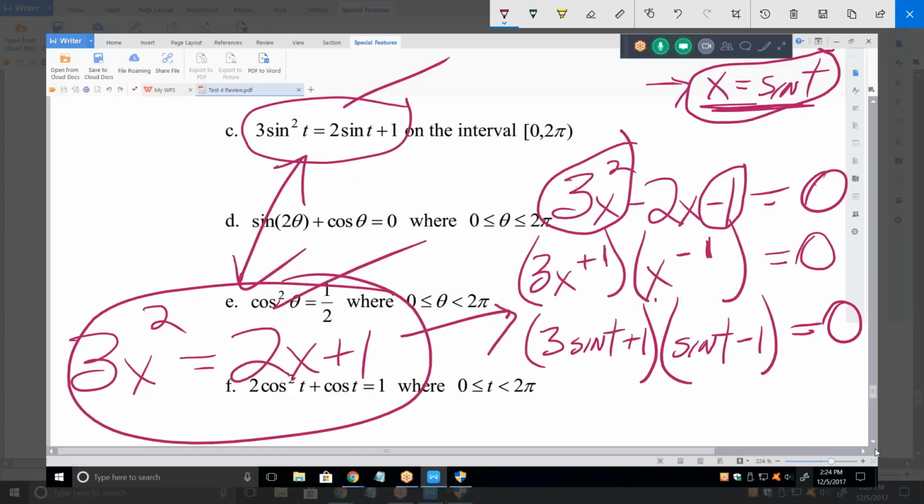So how do you solve it? Set both of them to 0. That's how you solve it. If I tell you AB equals 0, then the solution is A equals 0 and B equals 0.